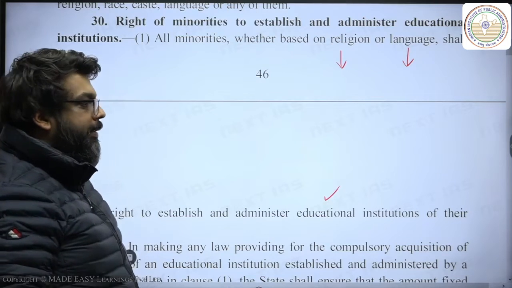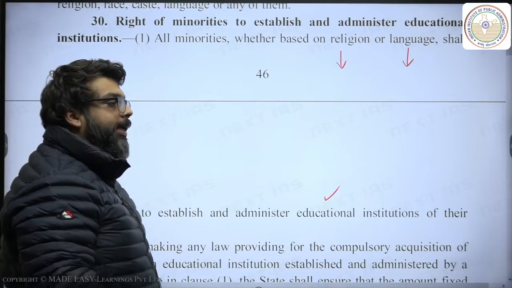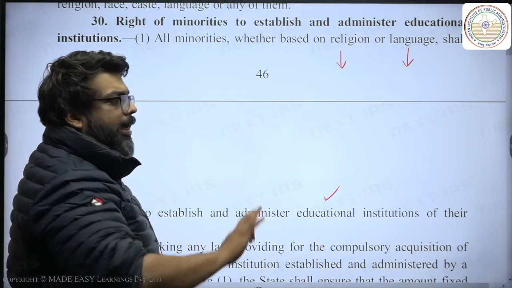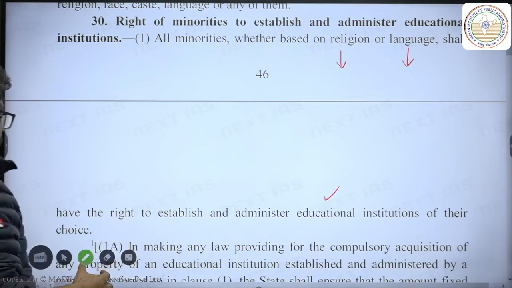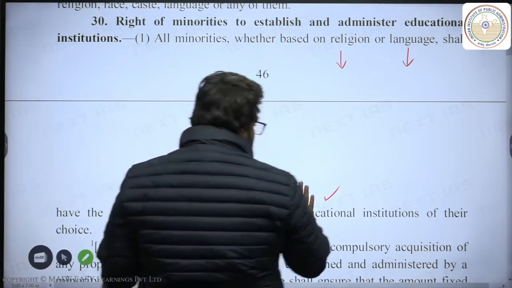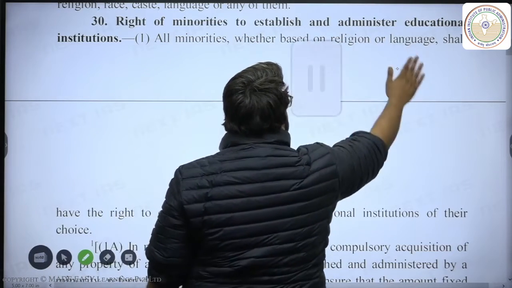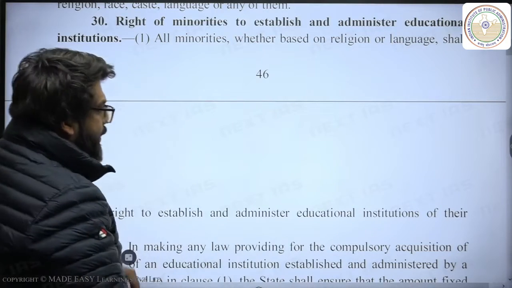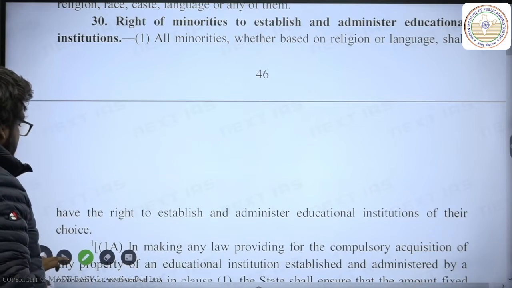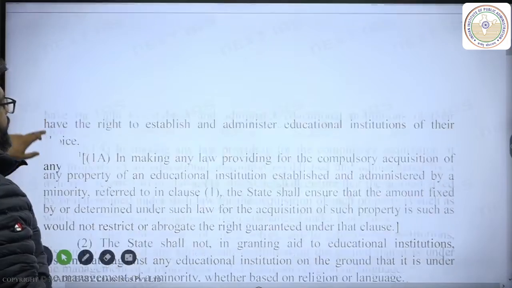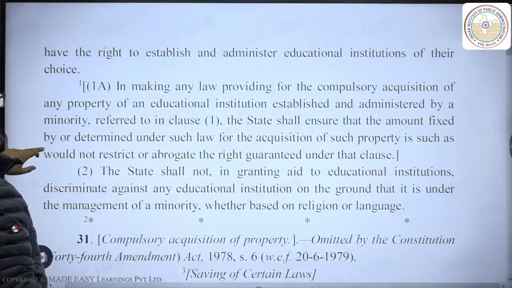Now, this could be a madrasa, this could be a higher education institution. You have the right to do so. And not only this, when you have the right to do so, you will be supported by the state in terms of funds, in terms of resources to essentially make sure that your institutions run rather smoothly.